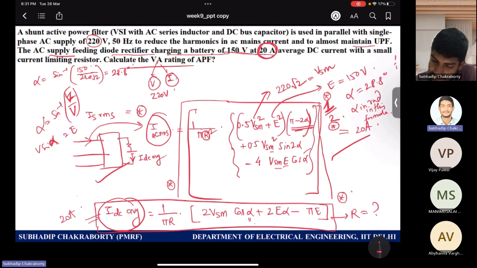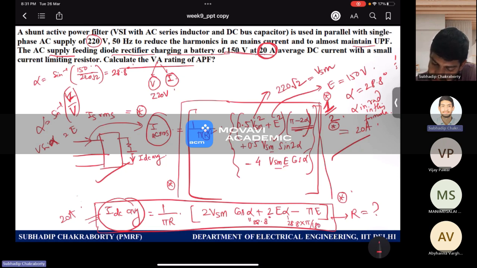Alpha you know as 28.8 degrees, which is 28.8 into pi by 180 in radians, and this is also pi into E.